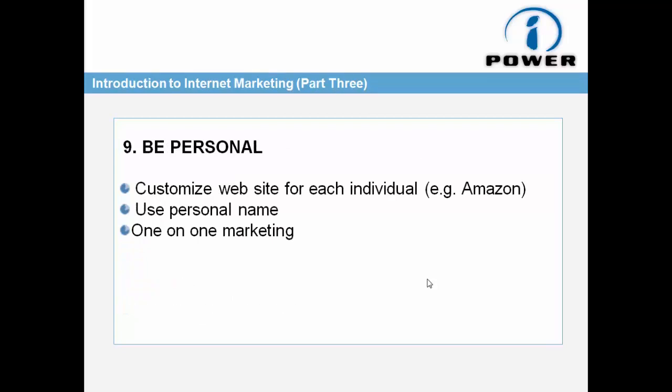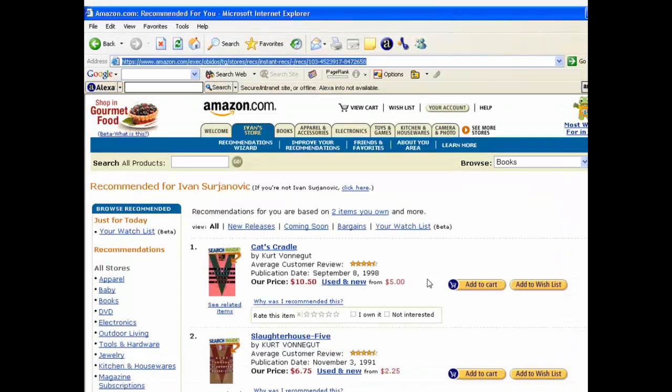We are moving on. There is a principle number 9. It says you have to be personal. In other words, today we are approaching the age of one-on-one marketing. Everything is being customized and personalized, like Amazon mentioned before. When you come to Amazon, you get your own page and they greet you.